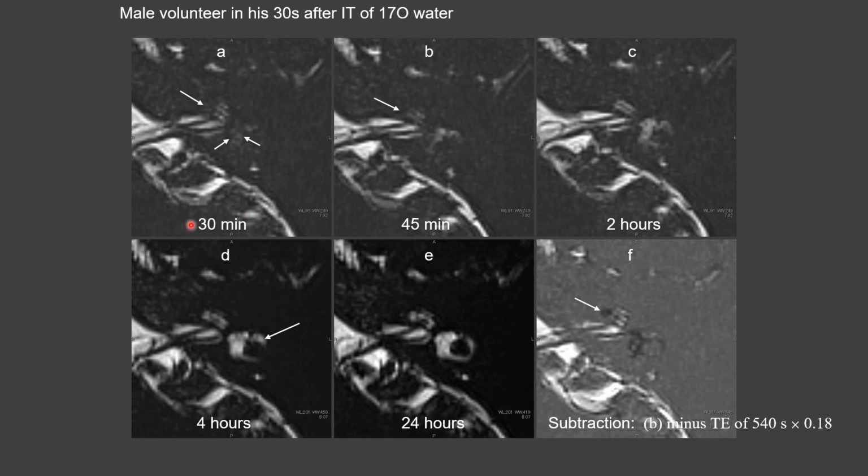We can see after 30 minutes of injection, the signal of vestibule and cochlea drops and gradually recovers. So the O17 water distributes faster than gadolinium. And also O17 water enters endolymphatic space, not only perilymphatic space.